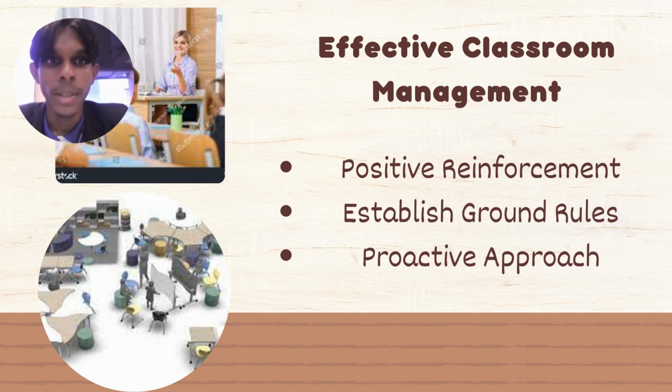Ground rules should be communicated clearly and collaboratively, allowing students to contribute to the discussion and take ownership of their behavior. So the last one is proactive approach. Addressing potential issues before they escalate is crucial for maintaining a harmonious learning environment.